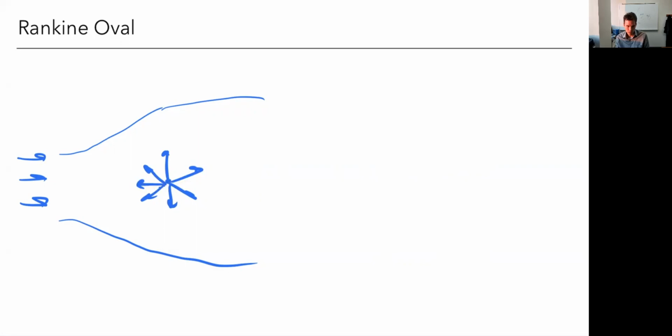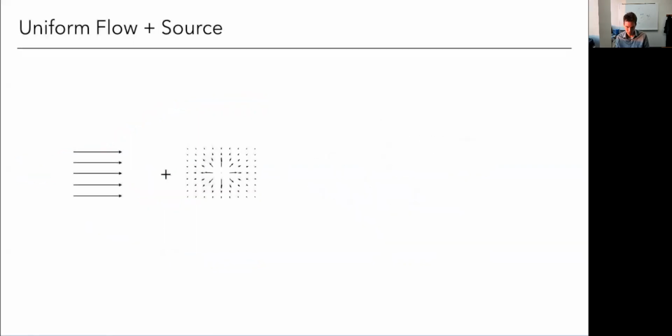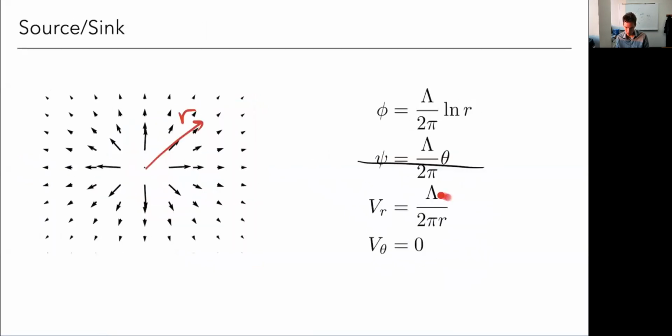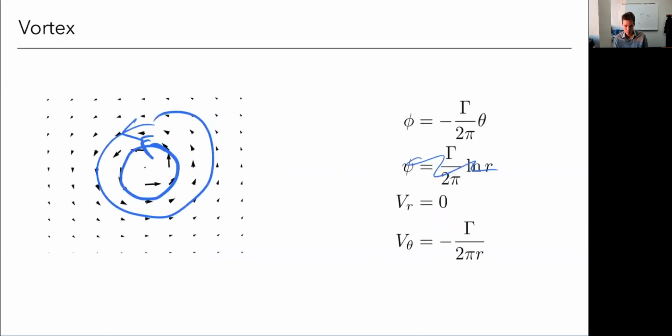Well, this velocity is constant, but this source velocity is not, right? The source velocity looks like this, radially outward. Gamma is some constant I choose. It's gamma over 2 pi r. Notice that, again, towards the center, it's infinitely large, and far away, it goes to 0. So I have every velocity possible.